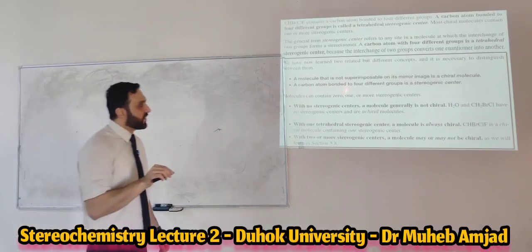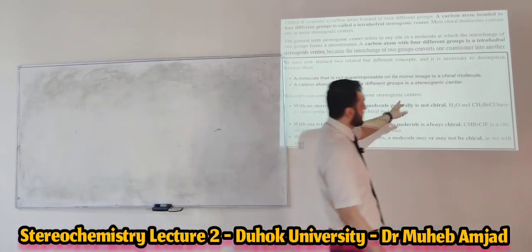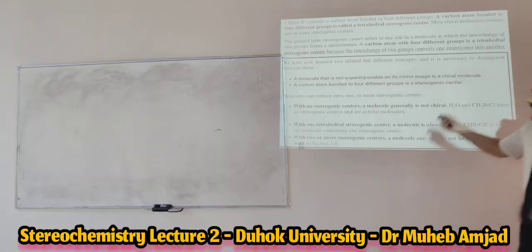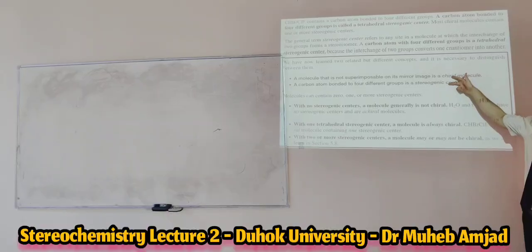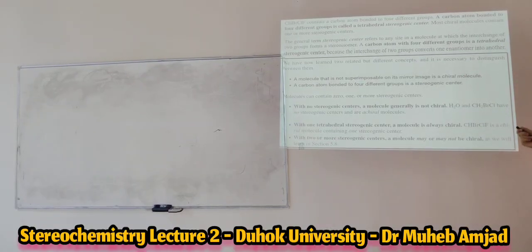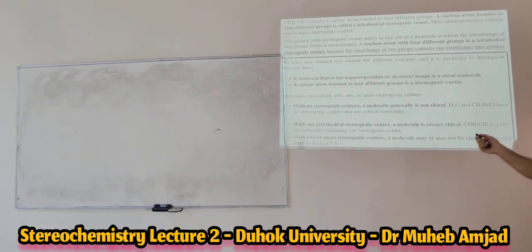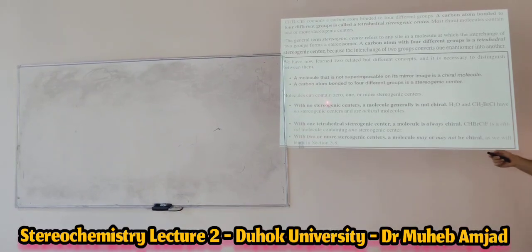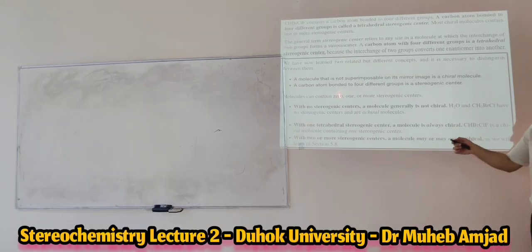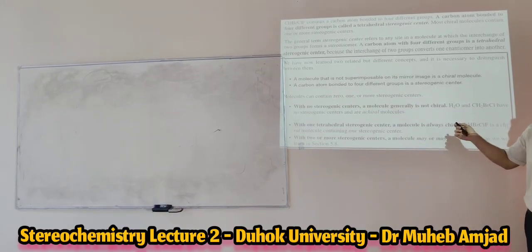Secondly, a carbon atom bonded to 4 different groups is a stereogenic center. These are the two terms for you: what chiral means, what achiral means, and whether any carbon is a stereogenic center or not. Molecules can contain 0 or 1 or more stereogenic centers.